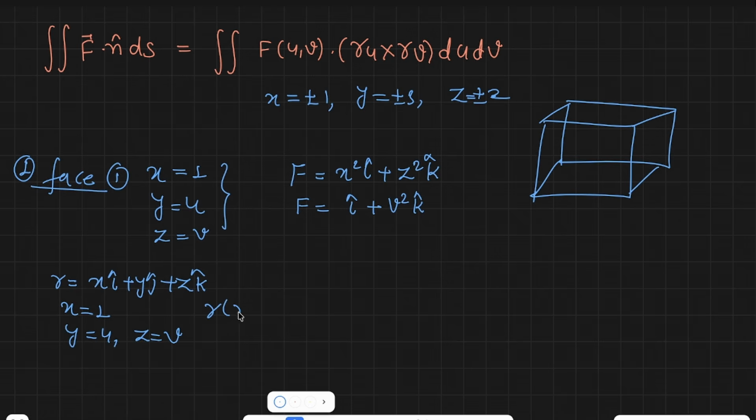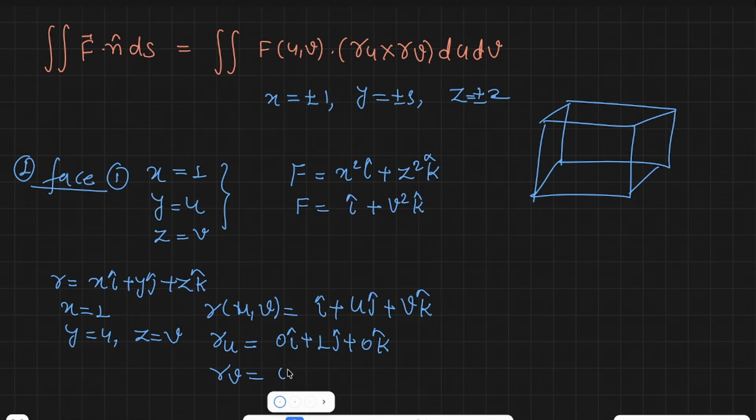So my r in terms of u, v will be i cap plus u j cap plus v k cap. Now you have to find the partial derivative with respect to u of this r, which is 0 i cap plus 1 j cap plus 0 k cap. And r_v is 0 i cap plus 0 j cap plus 1 k cap.